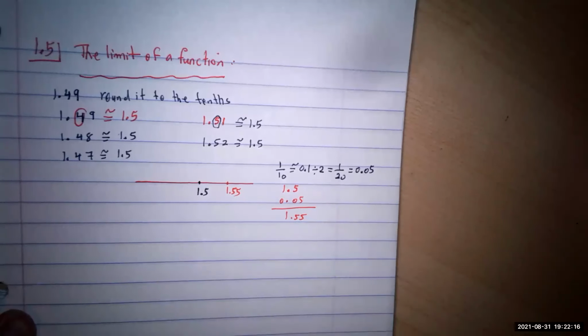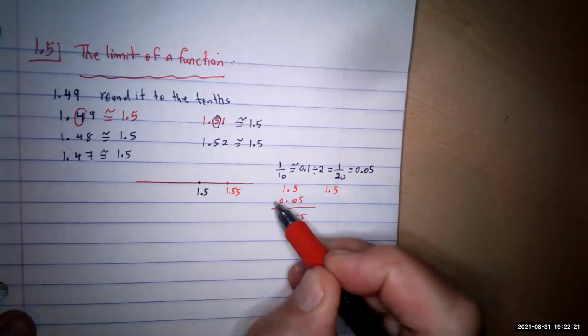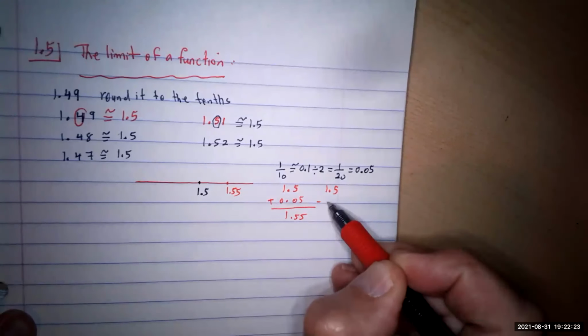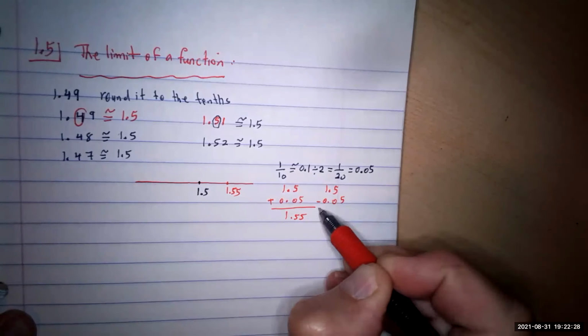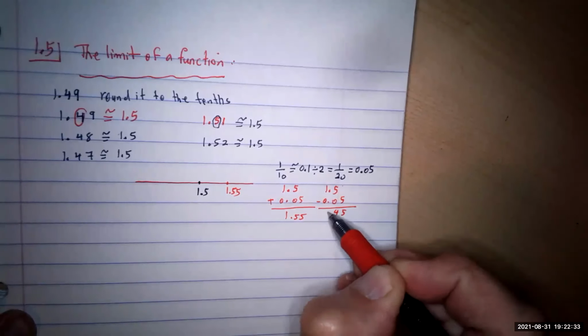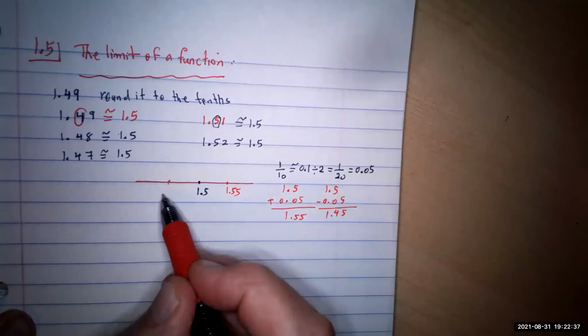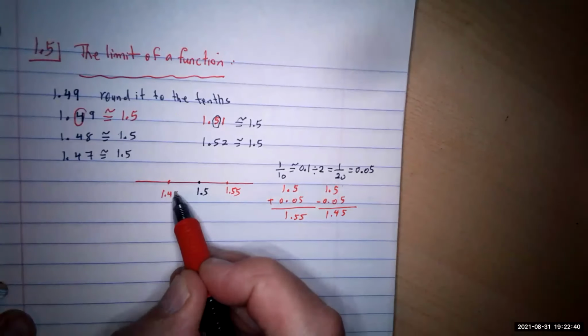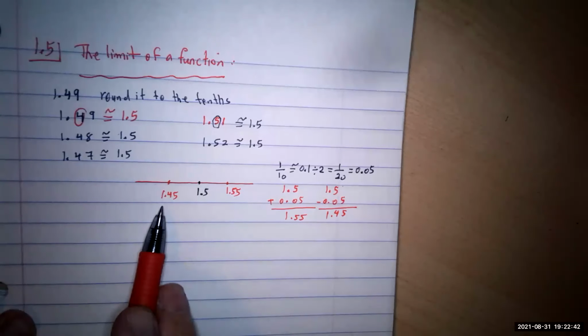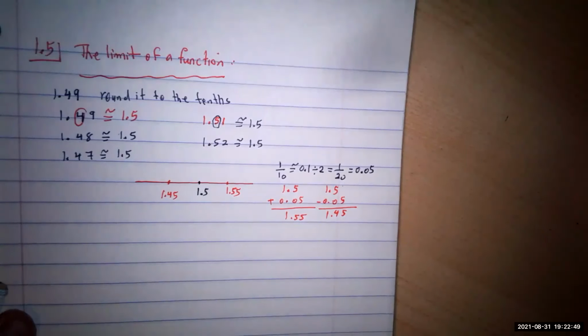And if you subtract 0.05, that gives you the other case. So if you get this interval, starting from 1.45 and going to 1.55, any number would be rounded to 1.5.